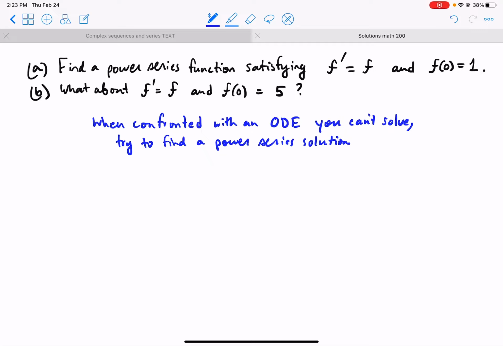Okay, this works in a lot of cases. For example, even with certain derivatives with non-constant coefficients, you can use this to find a solution. But anyway, let's stick to this example.